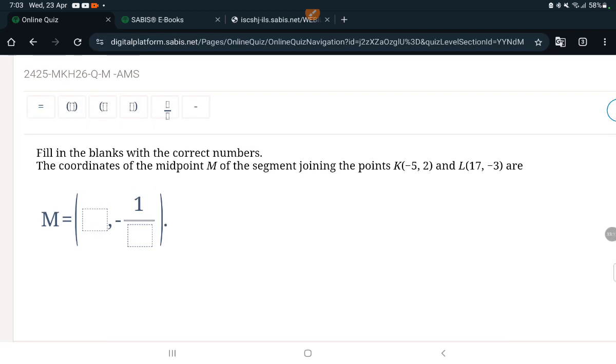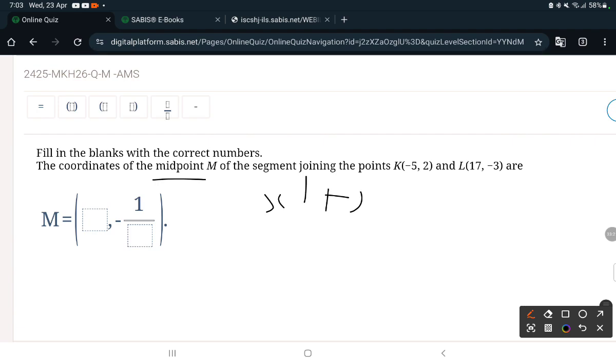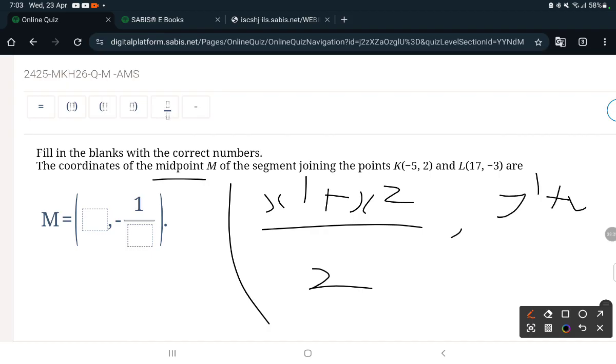Okay, the coordinates of the midpoint. That's all you need to know. The midpoint formula is x1 plus x2 over 2, y1 plus y2 over 2. You all should know this. So x1 is negative 5 plus x2, which is 17.